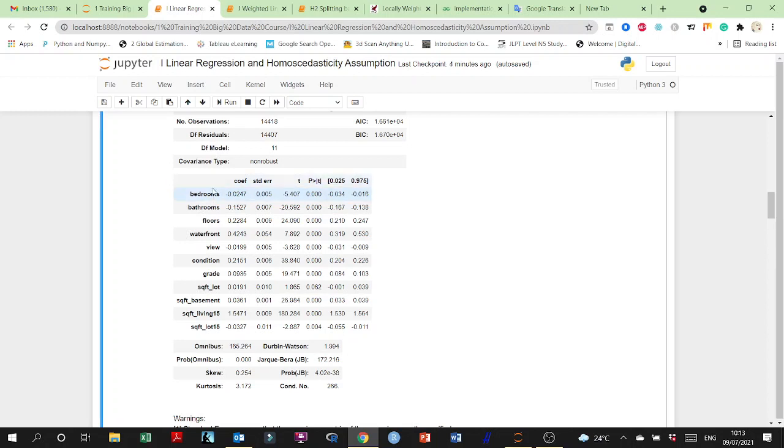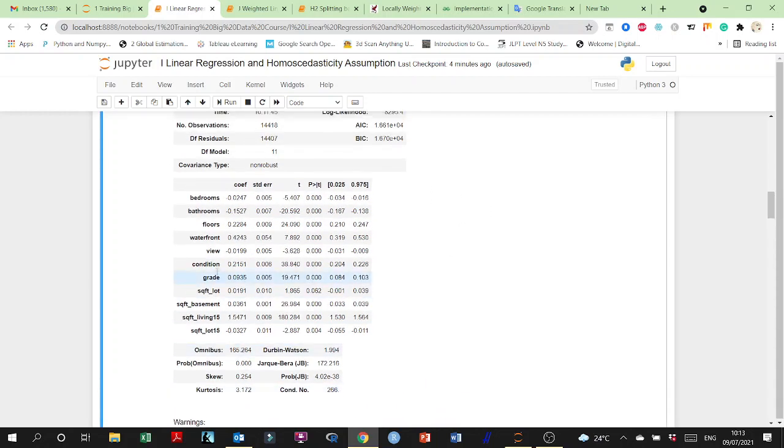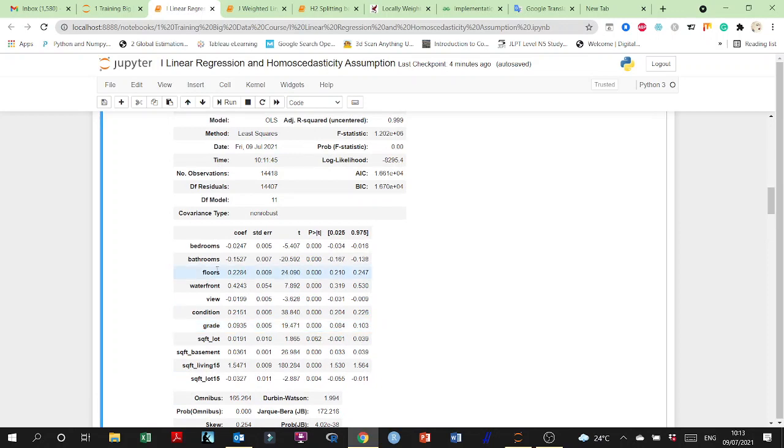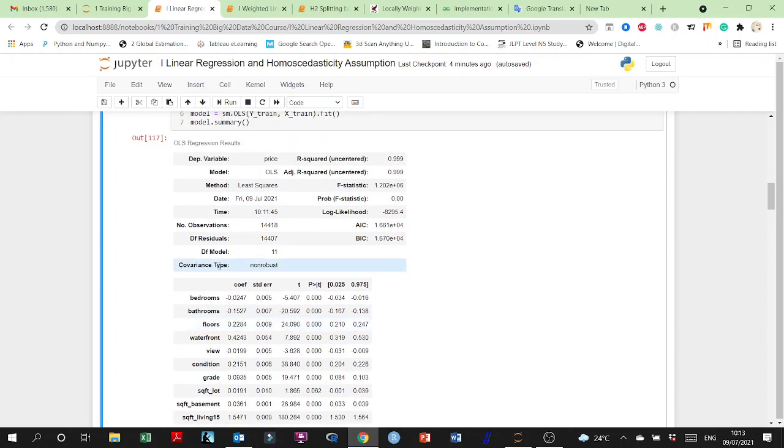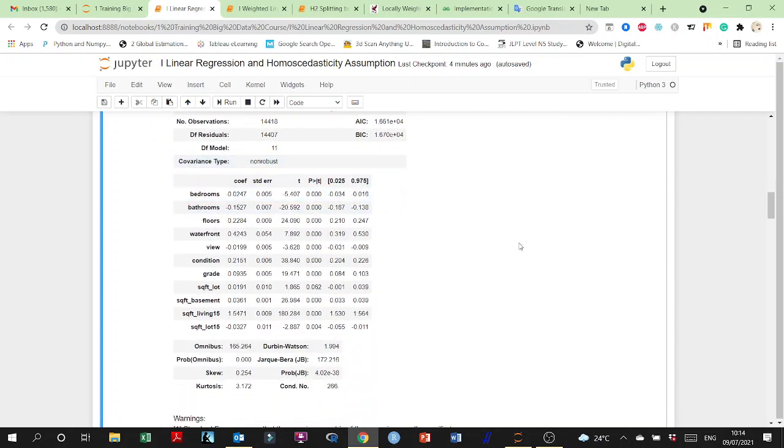So the model will be price equal to the intercept, model.intercept, minus 0.0247 times bedrooms, minus 0.1527 times bathrooms, plus 0.2284 times floors, and so on, and that will be the model plus the intercept.